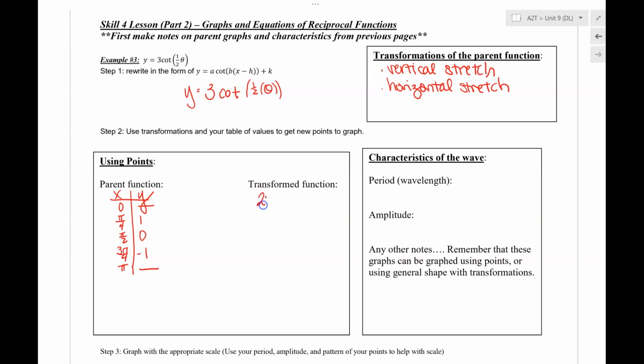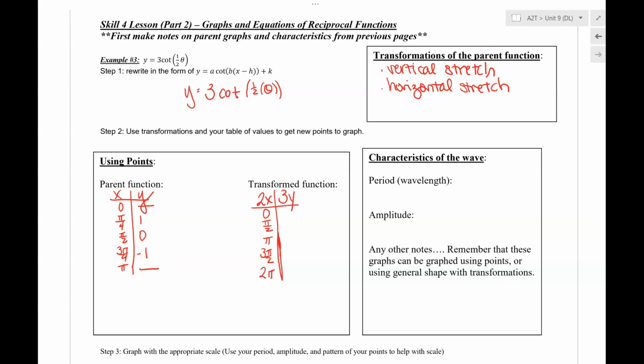Transformations: we have 2x and then 3y. So if we substitute in for x 0, we get 0. Pi over 4 becomes pi over 2. Pi over 2 becomes pi. 3 pi over 4 becomes 3 pi over 2, and pi becomes 2 pi.